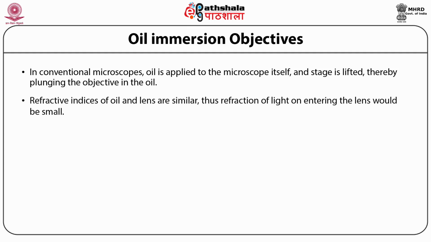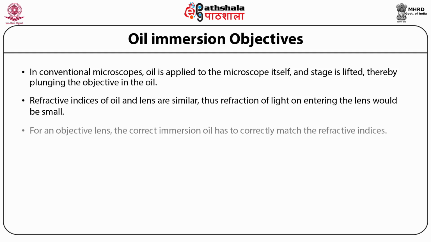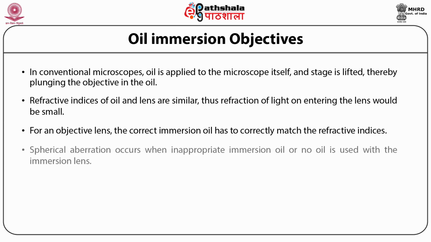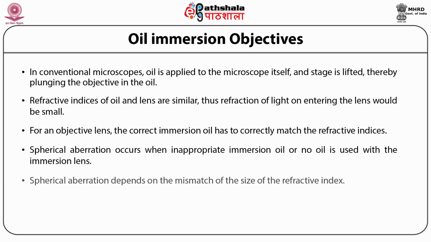Thus, refraction of light on entering the lens would be small. For an objective lens, the correct immersion oil has to match the refractive indices. Spherical aberration occurs when inappropriate immersion oil or no oil is used with the immersion lens. Then the spherical aberration depends on the size of the refractive index mismatch.